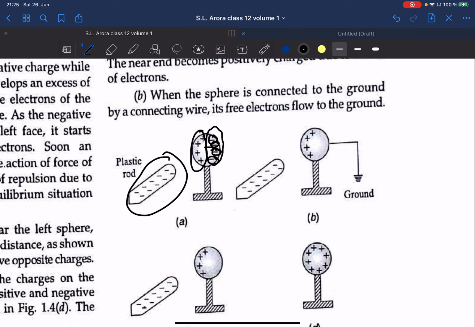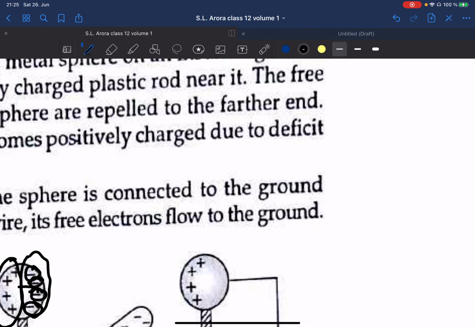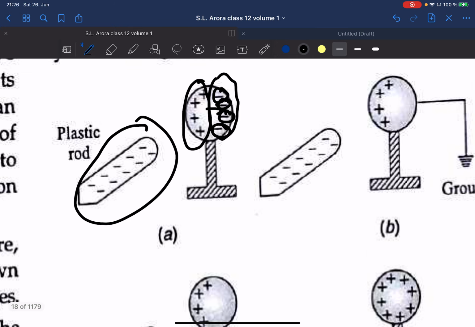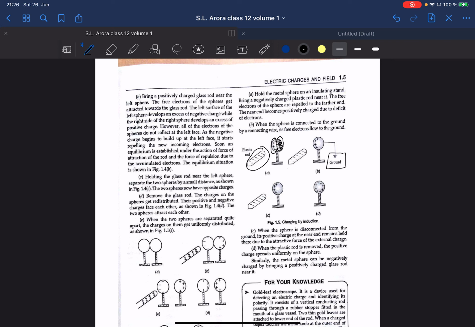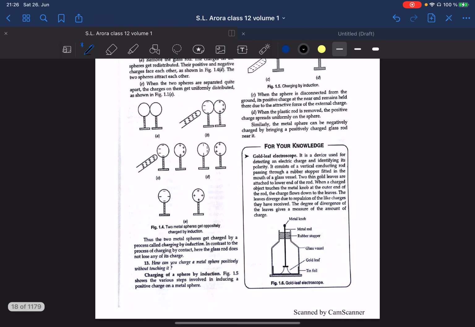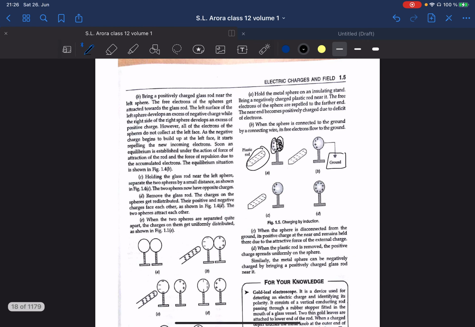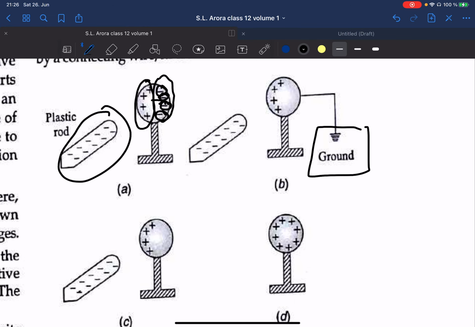Okay? And after that, if we want to make this whole body a fully positively charged body, you can be asked this question in the paper. To do that, we earth the ground, which is considered neutral. It can take any charge; it is a very good conductor. It allows you to take in the charge. So it takes all the negative charges and leaves the body positive.